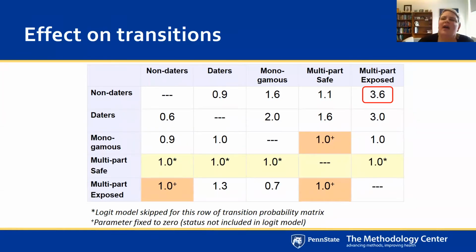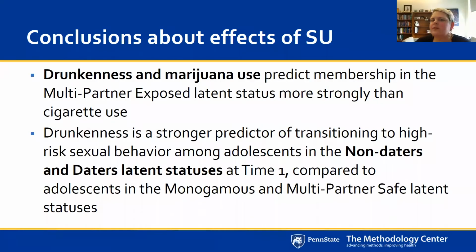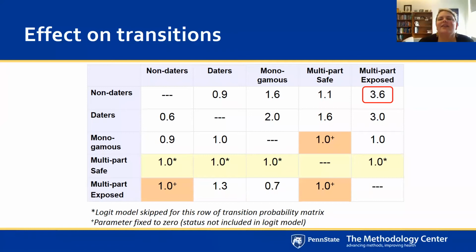But let's take a look at the effect of drunkenness on transitions out of the non-dating status. So the way that this is interpreted is that if you report marijuana use at time 1, so among non-daters at time 1 who report marijuana use, they're 3.6 times more likely to transition to the multi-partner exposed latent status compared to the non-daters latent status at time 2.